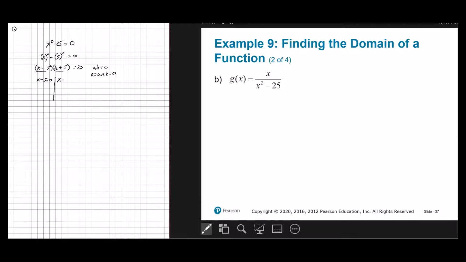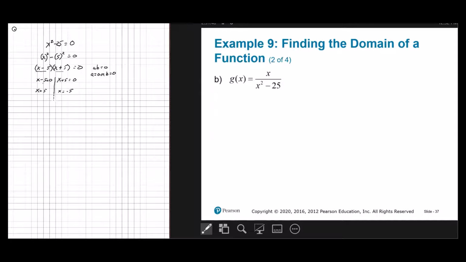or x plus 5 is going to equal 0. I always put a line down between the two equations, or if I have more than two expressions, between all of them, because now I'm going to solve this equation, and then I'm going to solve this equation. Adding 5 to both sides, I get x equals 5. Subtracting 5 from both sides, I get x equals negative 5.